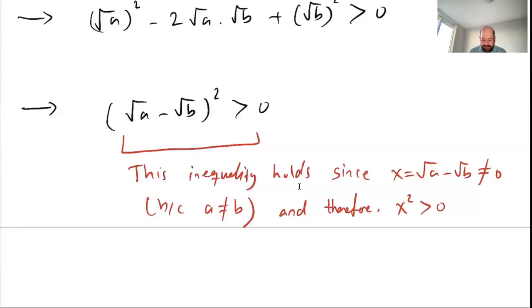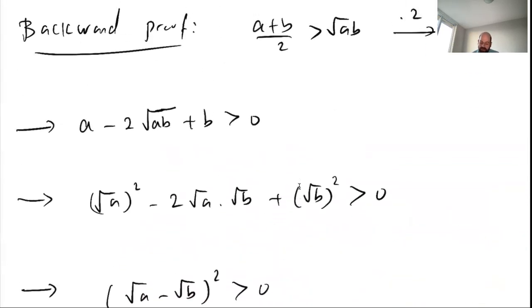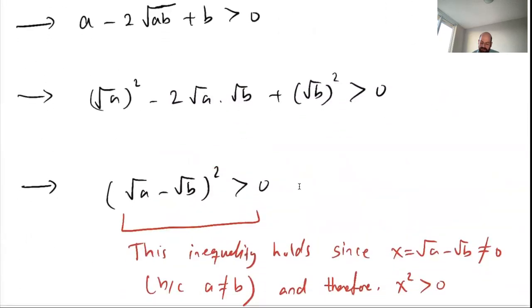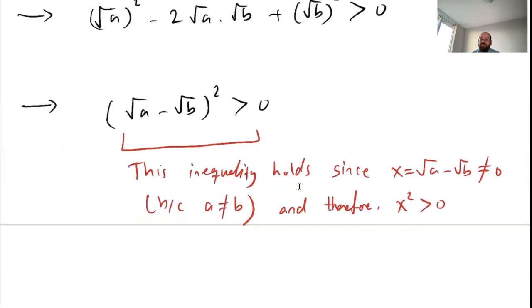So here, x is root a minus root b. I set x to be root a minus root b, which is not 0, because by assumption a is not equal to b, and therefore x squared is bigger than 0. So this step is true. So I started with my goal. I reached a step that I already know is true. I wrote here why it's true. And what is left to do?